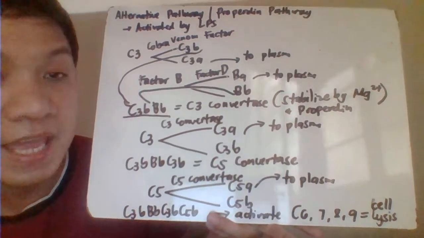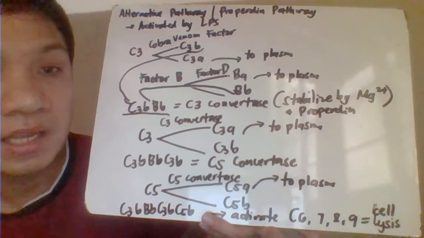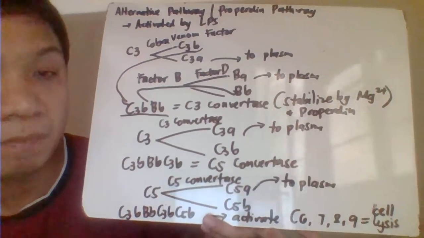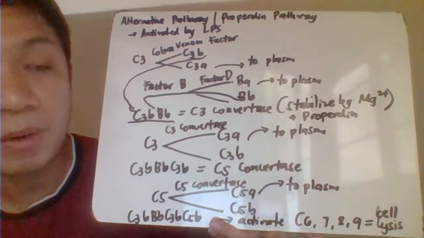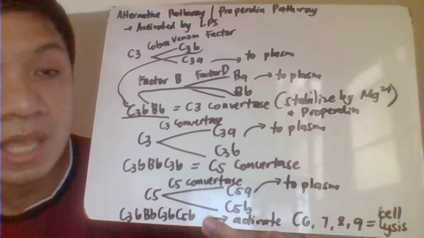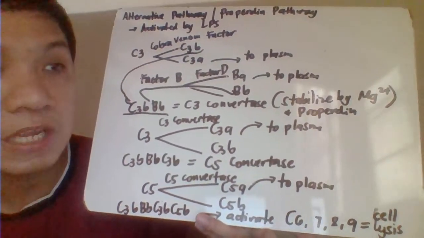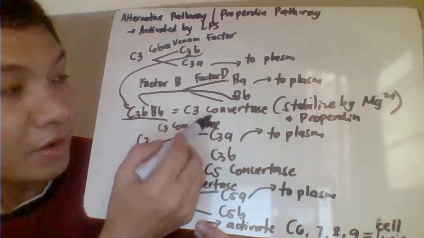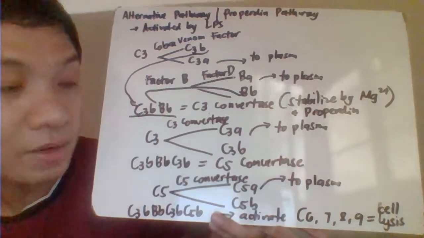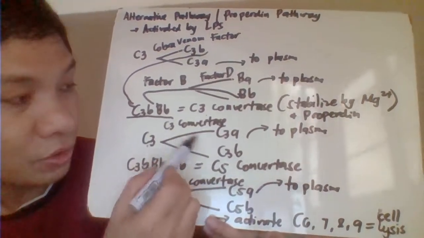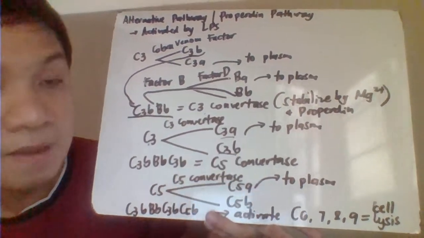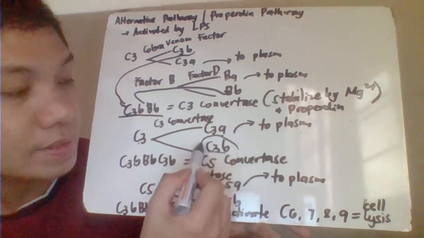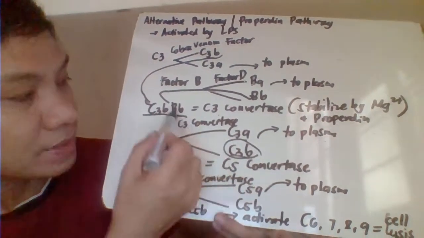To prevent the decay of this C3 convertase, it should be stabilized by magnesium, and we also have properdin. That is why it is called the properdin pathway: the properdin takes part in stabilizing your enzyme complex. Being a C3 convertase, it hydrolyzes your C3 to your C3a and your C3b. Again, the C3a will be released to your plasma, retaining your C3b. So it combines here.